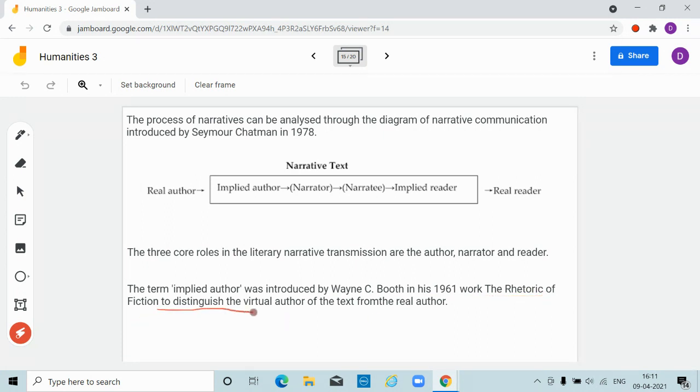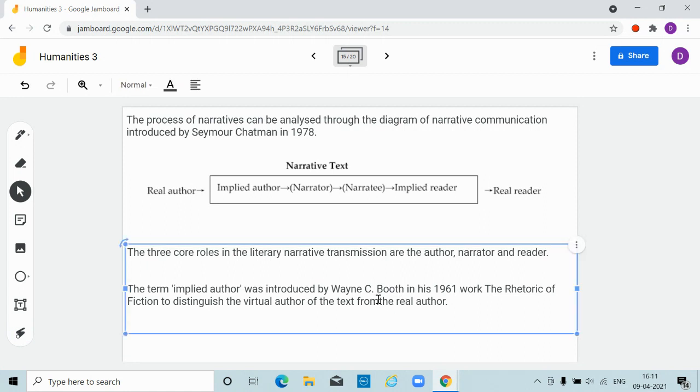to distinguish between the virtual author of the text and the real author. So this term was introduced by Wayne C. Booth in The Rhetoric of Fiction, published in 1961, to distinguish the virtual author from the real author of the text.